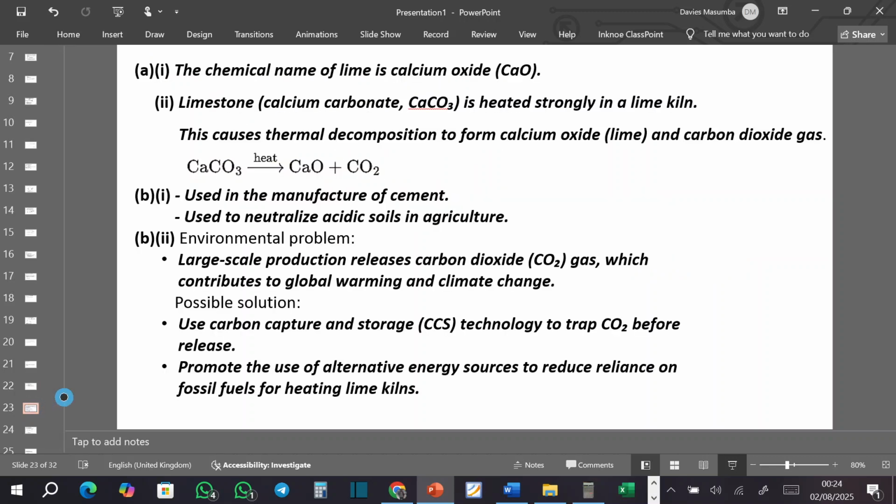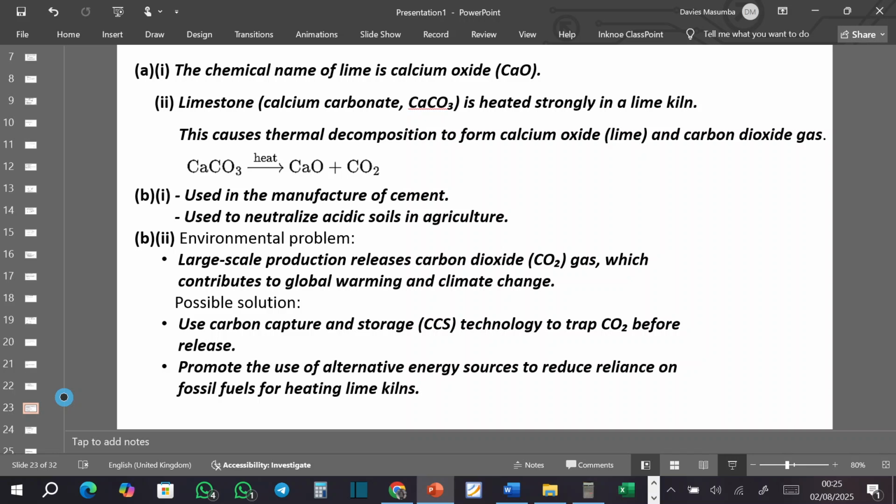So in answering, environmental problem: large-scale production releases carbon dioxide gas, which contributes to global warming and climate change. Possible solution: use carbon capture and storage technology to trap carbon dioxide before release.